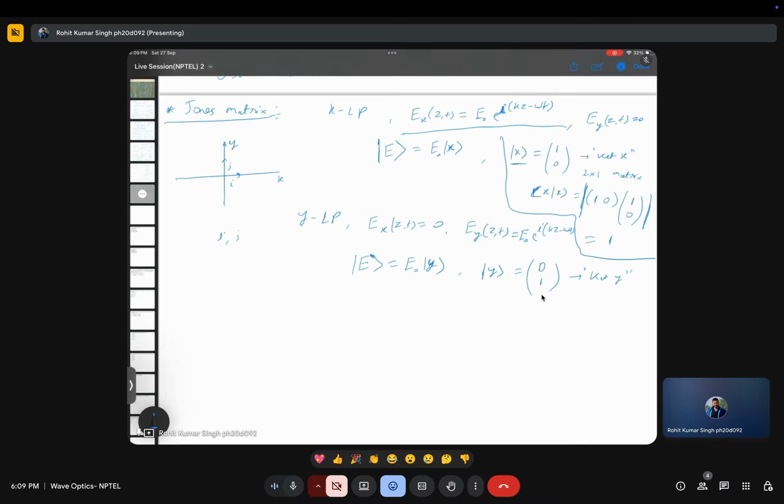So what we have done basically is, instead of this complex expression, we have now reduced our electric field to a vector notation or a matrix notation.